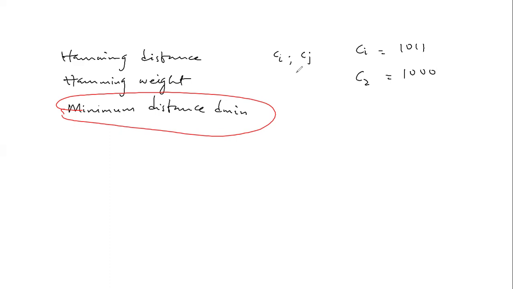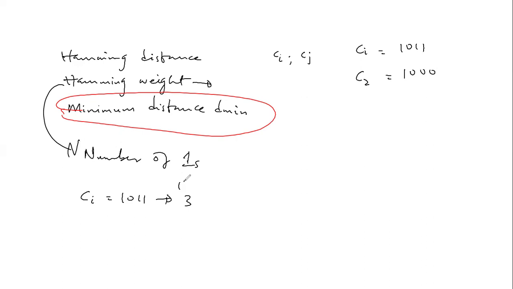Before I come back to that, the Hamming weight is the number of ones in the code. So for C sub I equal to 1011, the weight is 3. That's the Hamming weight, because I want to relate the weight with the Hamming distance.